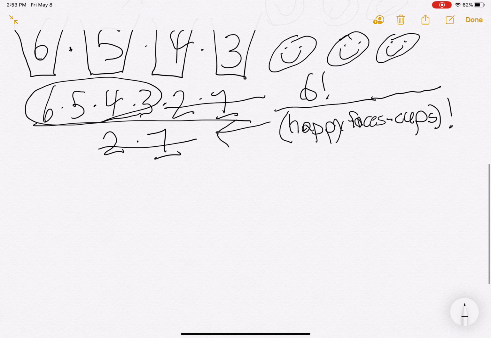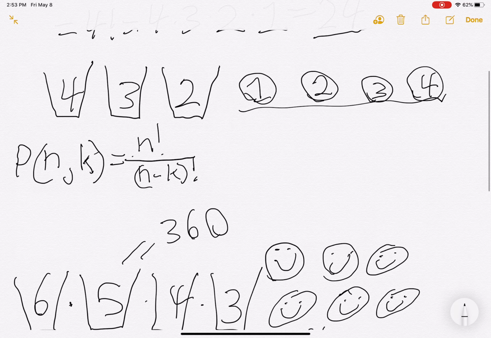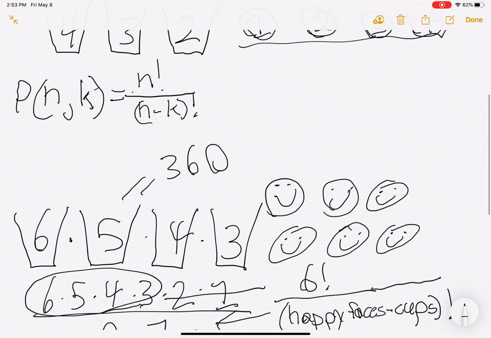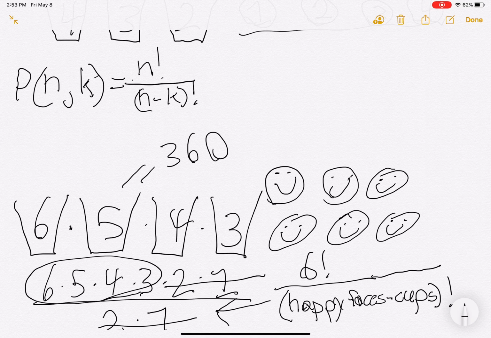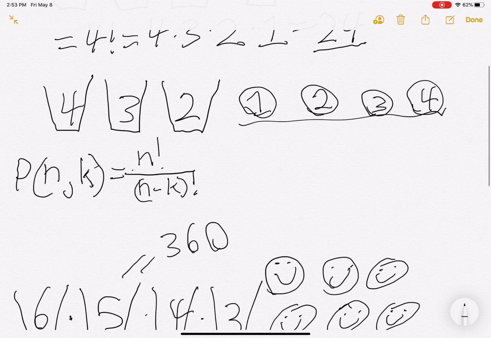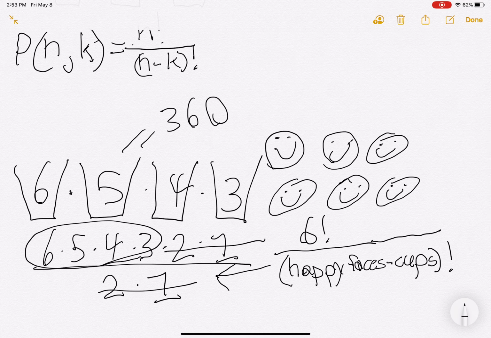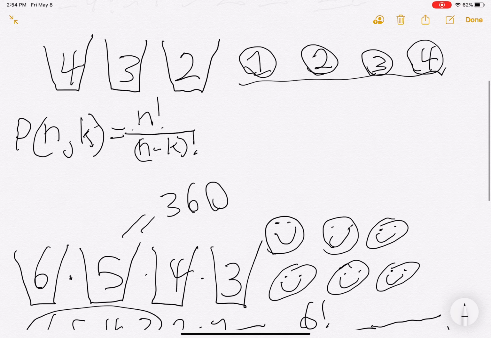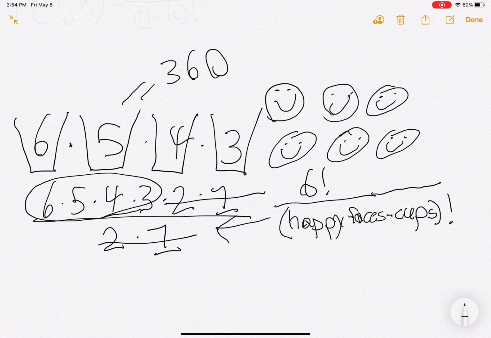And again, let me just go back to the formula. n describes the number of objects, in this case items, in this case happy faces, and then k is the number of containers, or the number of possible choices that these given objects can take. We're personifying these happy faces. And the number of possibilities is 360, right? Because 30 times 4 is 120, times 3 is 360.